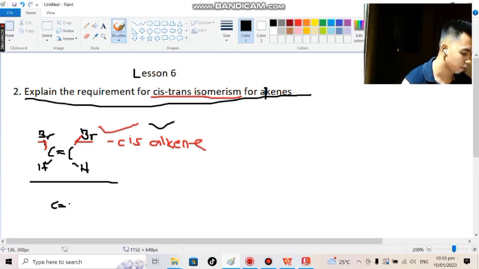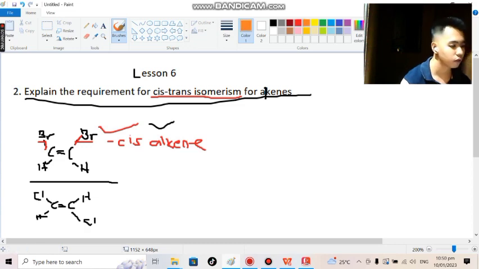Also, we have H and we have Cl here. So we have H, and on the other hand we have our Cl here. As you can see, both chlorines are on opposite sides of the bond.